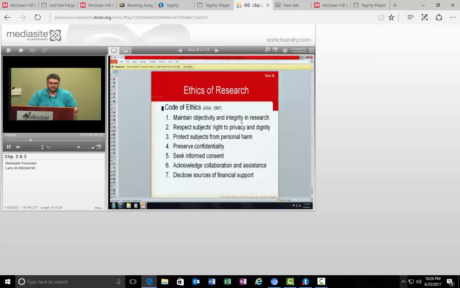You would also, with participants, offer them a copy of your research upon its conclusion. So all of these are good basic principles, and they are enforced by the discipline itself. So in sociology, it's the ASA, the American Sociological Association, or in psychology, the APA, the American Psychological Association. So they do have groups to police what they're doing.